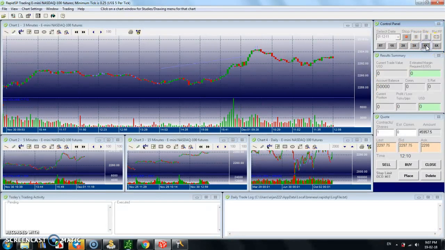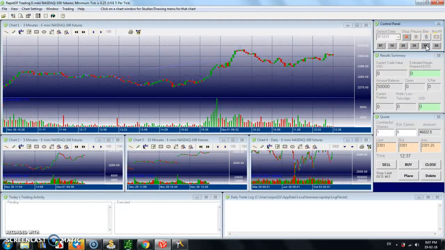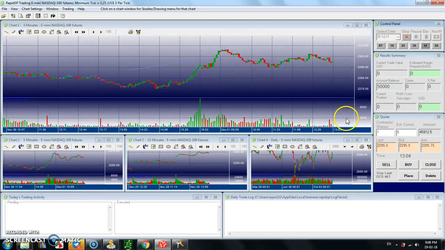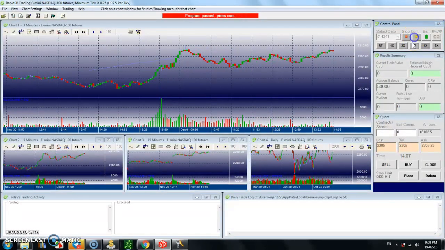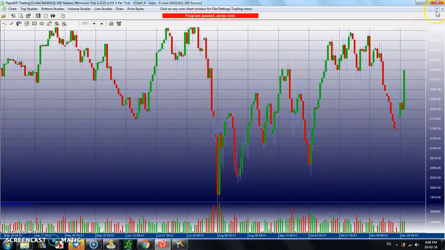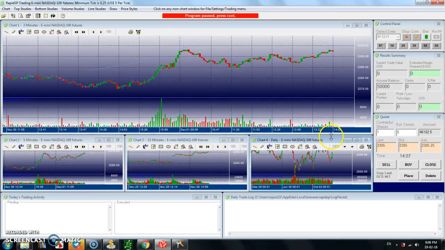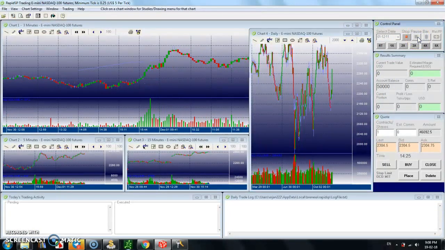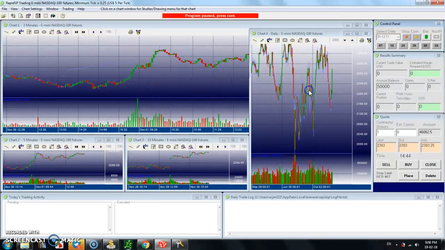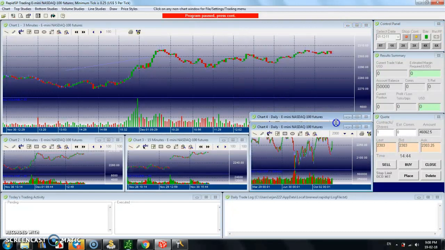So I'm just playing around. Let's turn it on at 4 times the speed. Chart 4, daily E-mini Nasdaq futures. Let me pause it and see if this one runs smoothly. Strangely enough, this thing is not moving.